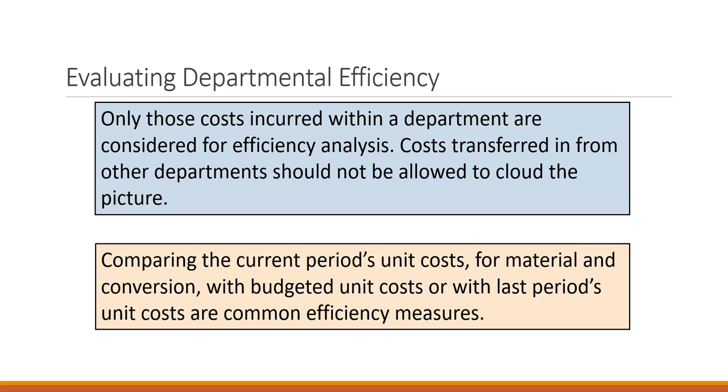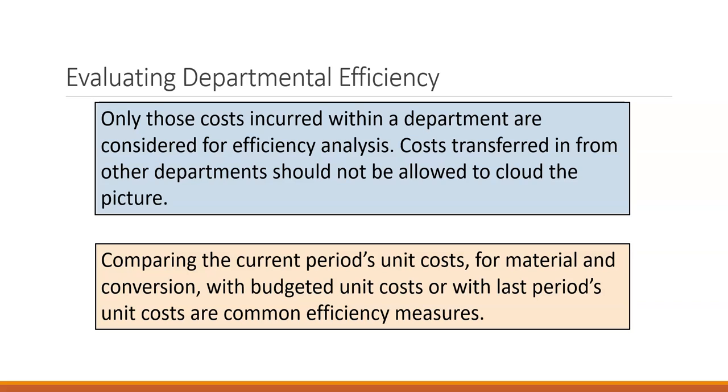When we use that information to evaluate departmental efficiency, we're only going to look at the costs incurred in each department. So what does that department do to control their own costs? Are they wasting materials? Are they not using their direct labor efficiently?